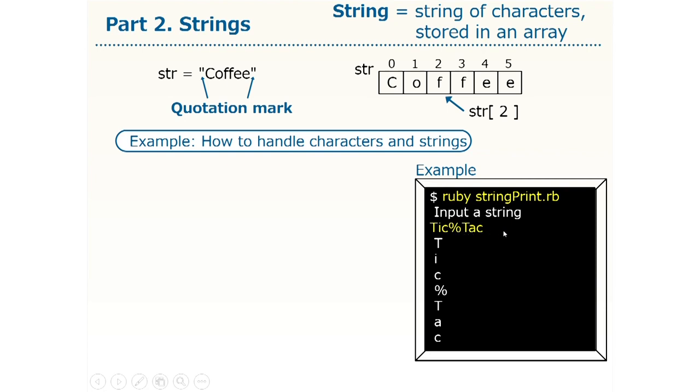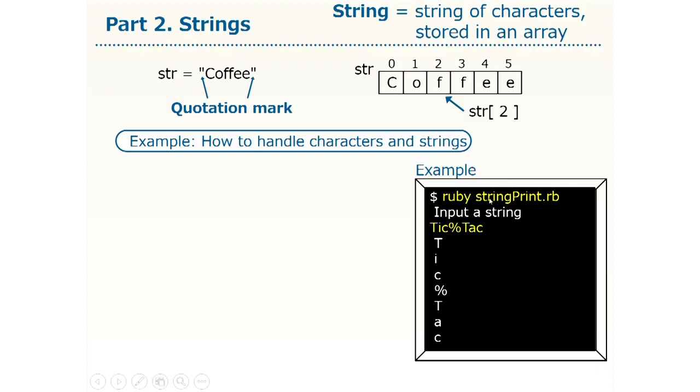Pressing the Enter key conveys to the computer that the whole string was put in. So the computer processes it and displays the characters one by one on the screen. This program, string_print.rb, works in this way.